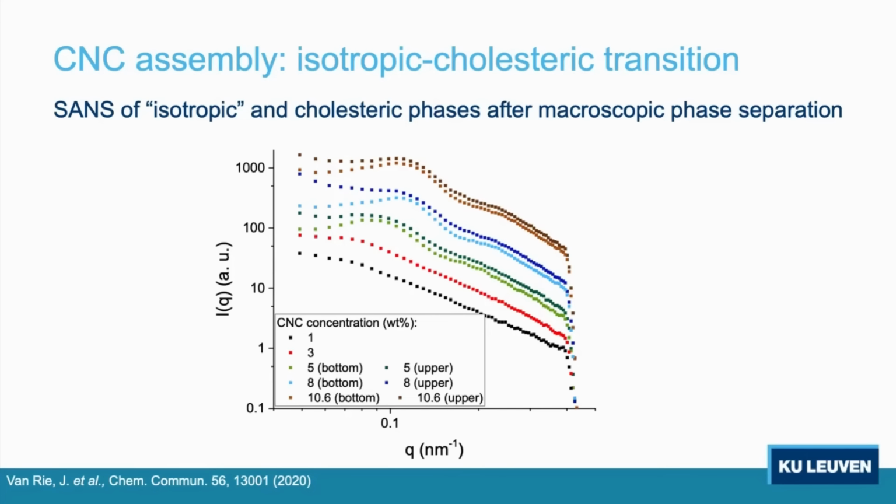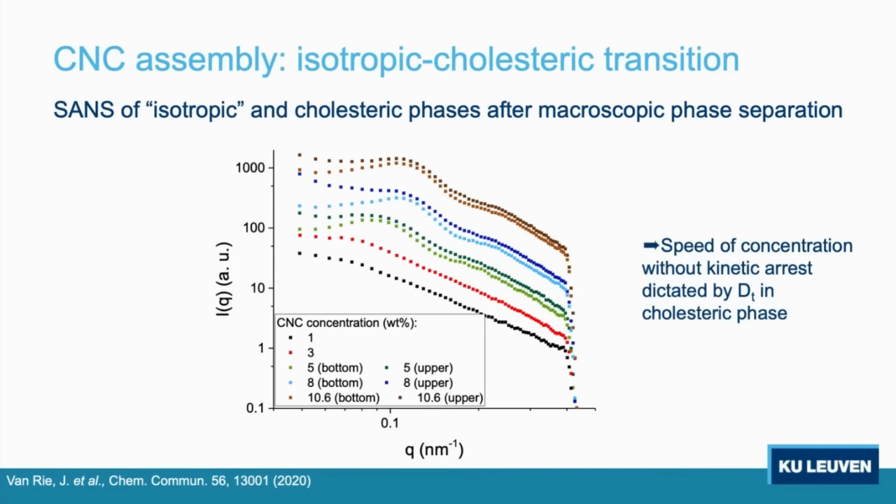In both, you see structuring, and this peak falls roughly at the same position. So it seems like the separation distance between your particles in aligned domains that float around in your isotropic phase is the same separation distance as in your chiral nematic phase at the bottom. That's again a sign that it's an entropy-driven process.